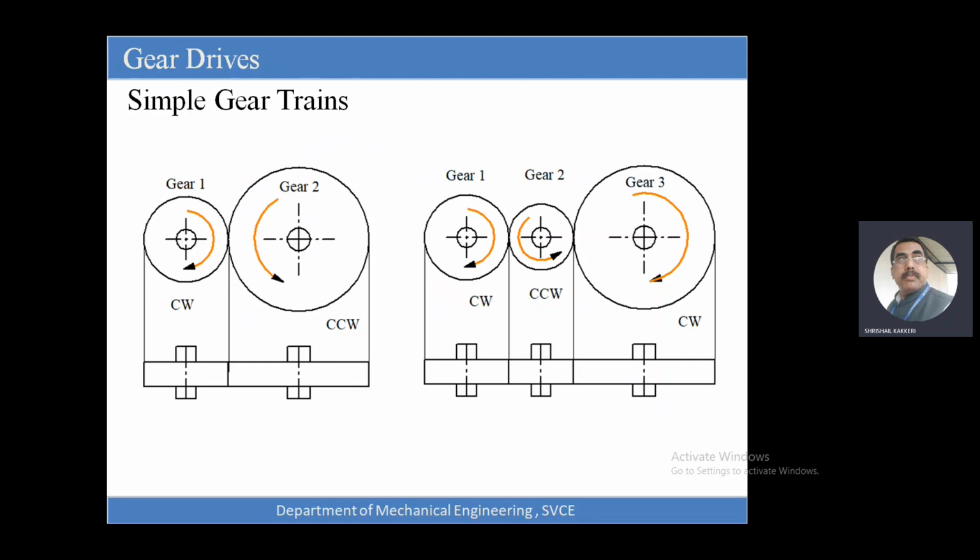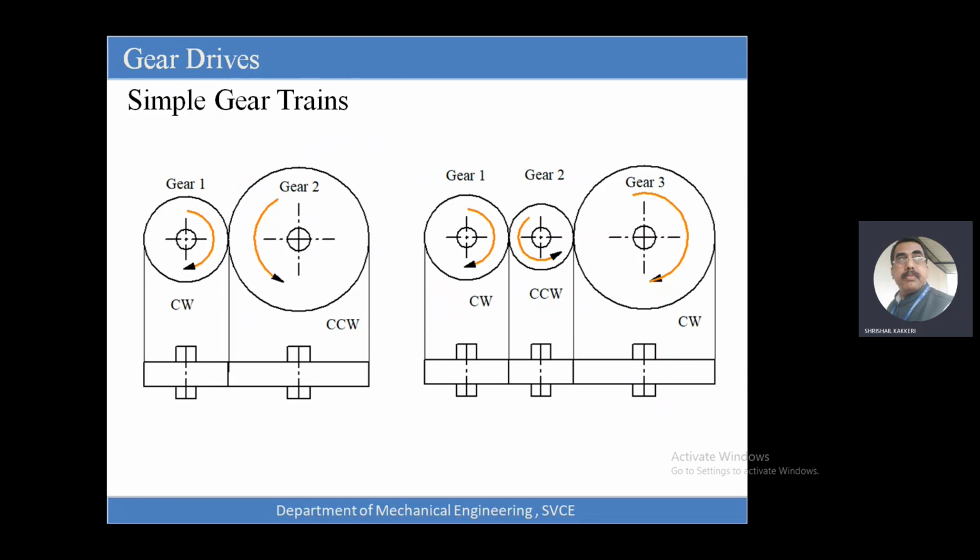Here, for the simple gear train, how to find out the velocity ratio? Already I told you these are two gears, output gear to the input gear. N2 by N1 is equal to T1 by T2. Between these two gears, this is the output gear and this is the input gear. Then N3 by N2 is equal to T2 by T3.